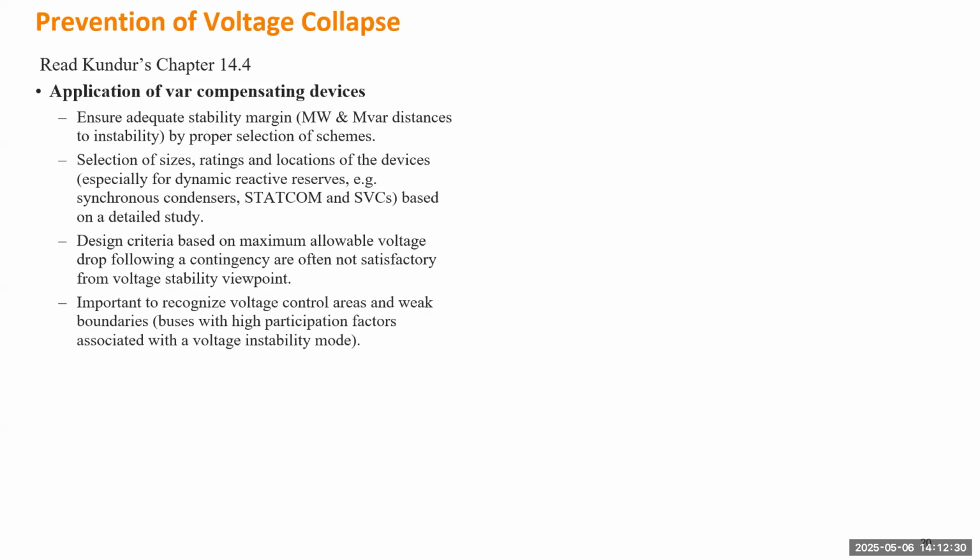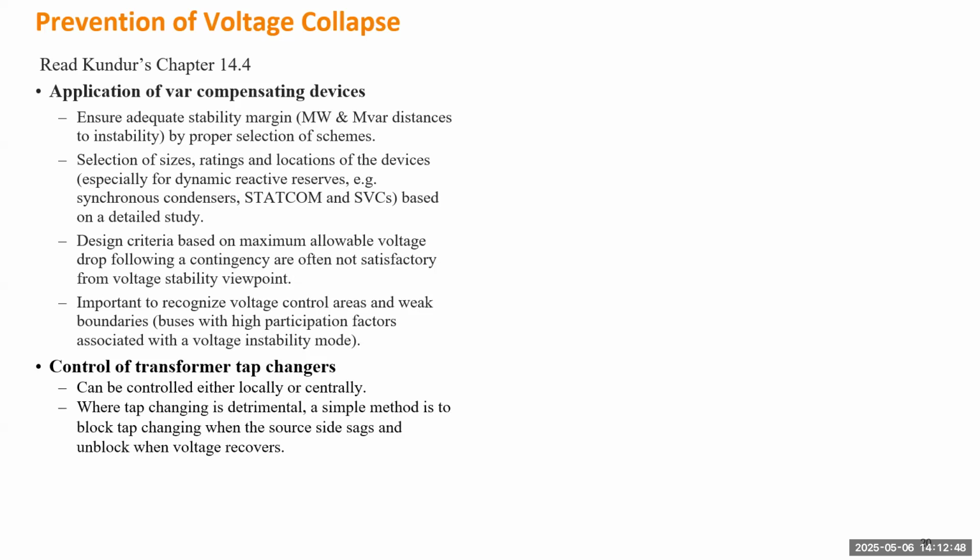Just keep in mind those VAR sources are not ideal. You have to compare their characteristic versus the slope of the PV curve. The PV curve needs to have a higher slope in order to make voltage control successful. The tap changing transformer will be a very critical cause of voltage collapse.